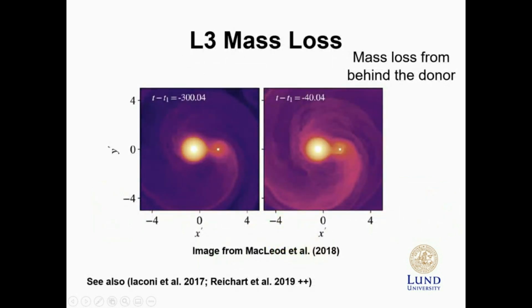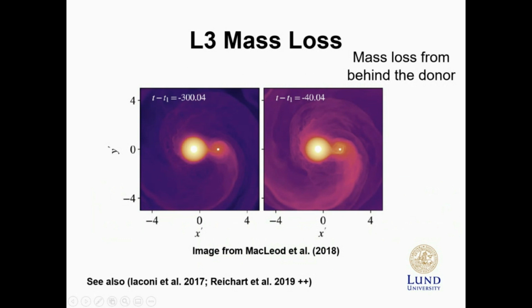So the so-called L3 mass loss is mass loss from behind the donor. Here on the image, you see figures from the simulations by Morgan MacLeod in 2018, and here we see a red giant star. So red giants, we have talked about them before, losing mass to a companion, and this is before the onset of a so-called violent common envelope phase, wherein the red giant loses all of its envelope very quickly over the course of a few years, basically.